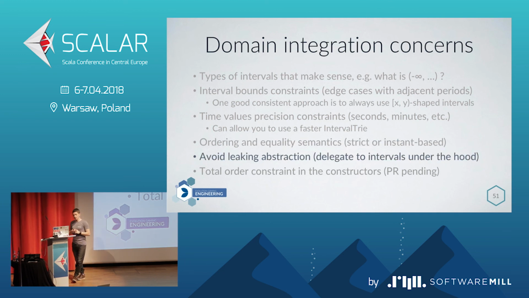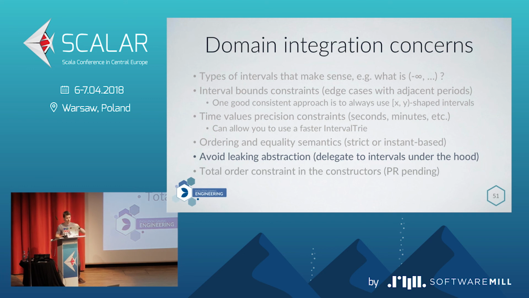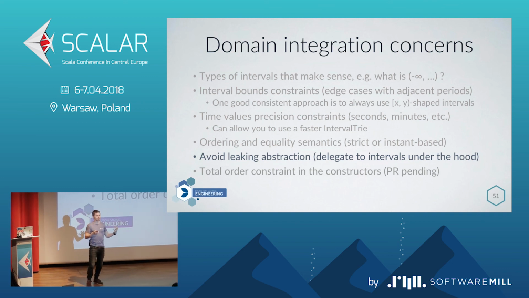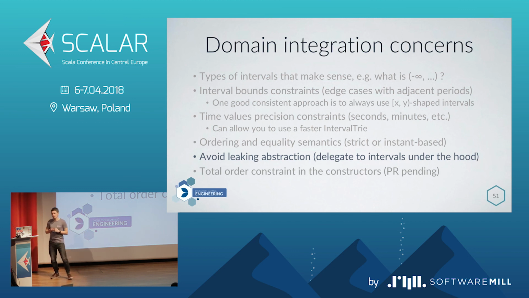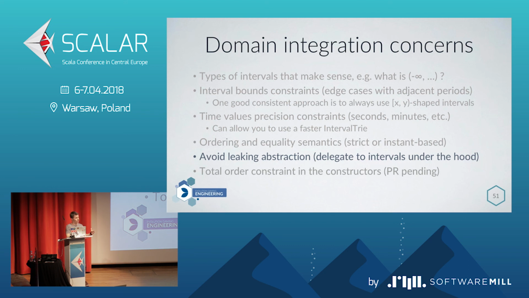Try to avoid leaking the Spire abstraction into the domain level, so that you can eventually switch to something else, or so that you don't get any exceptions from Spire, for example. That's also important so that the people who read the domain code don't see these mathematical operators like and, or, intersection, stuff like that. It should be readable in domain terms.